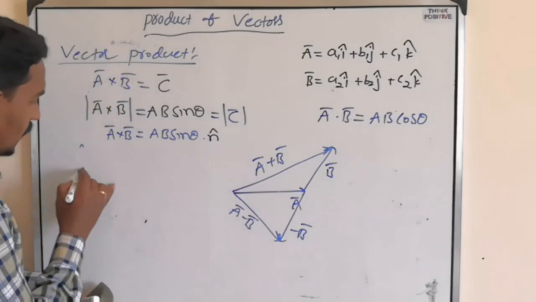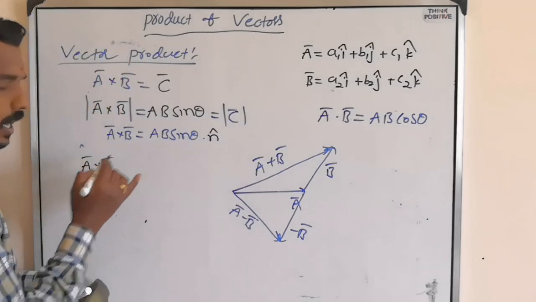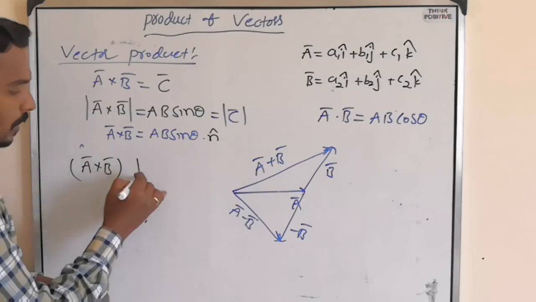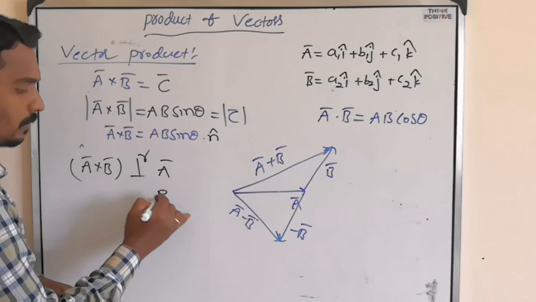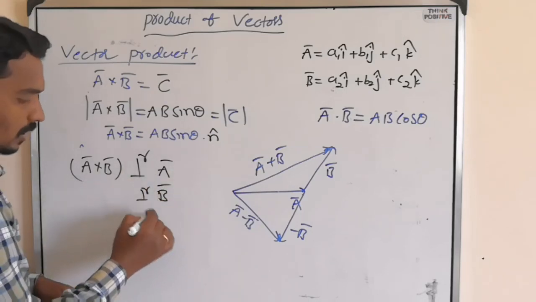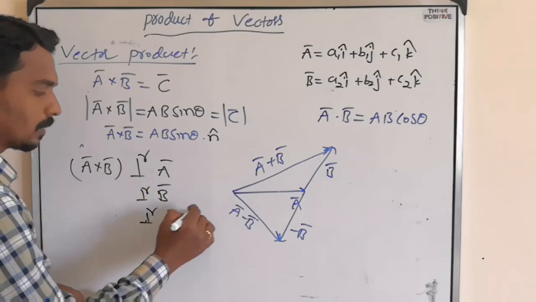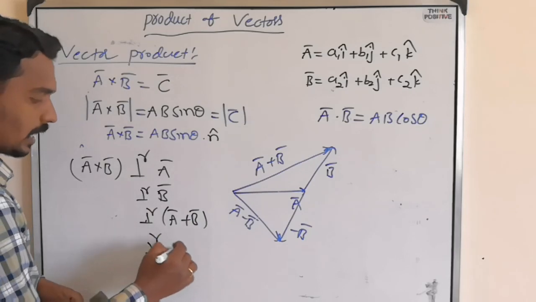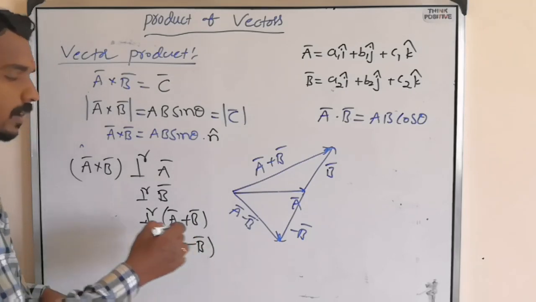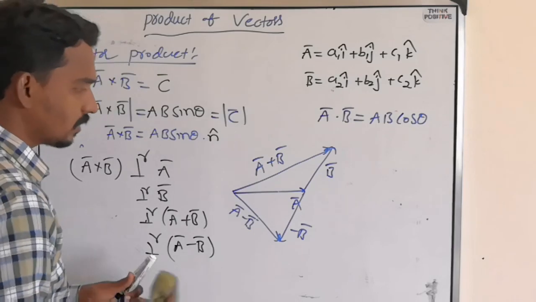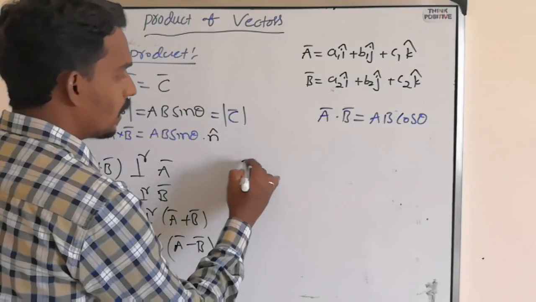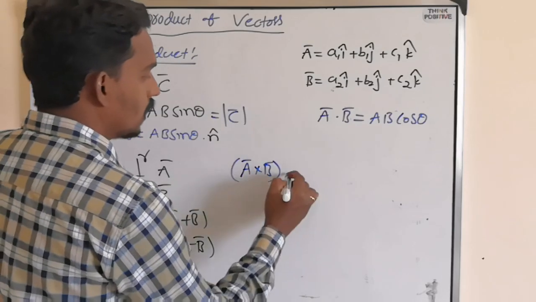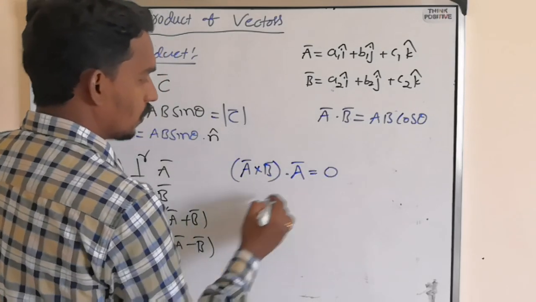So A bar cross B bar must be perpendicular to A bar, B bar, A bar plus B bar and A bar minus B bar. That means A bar cross B bar dot A bar must be 0.